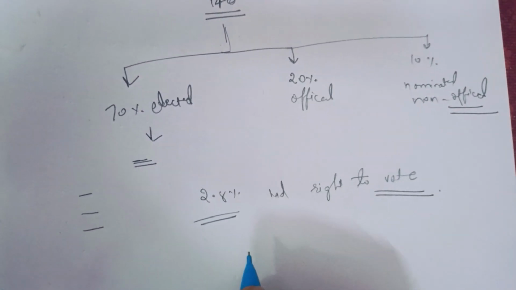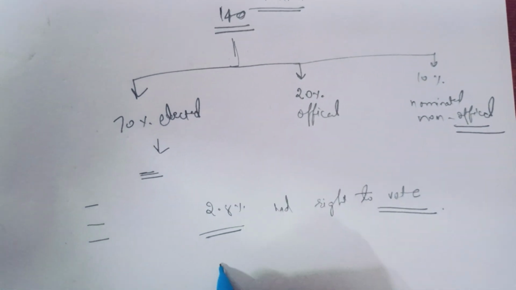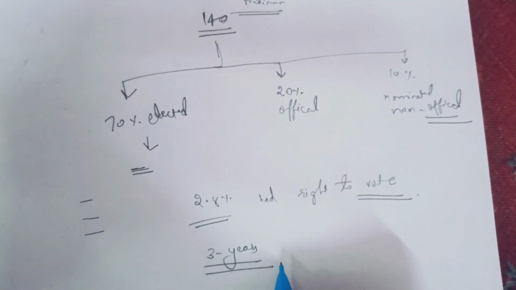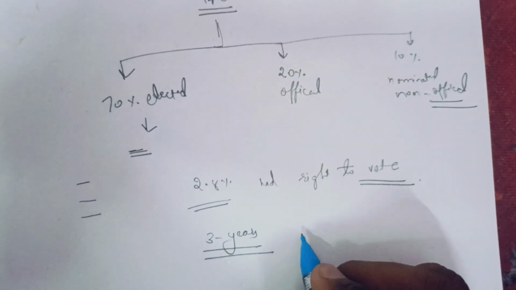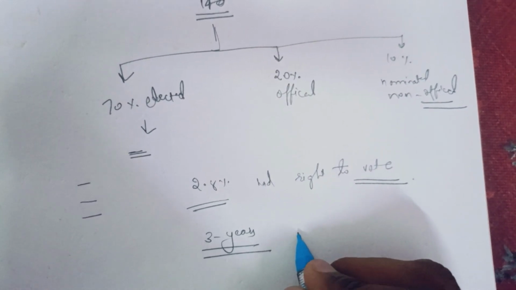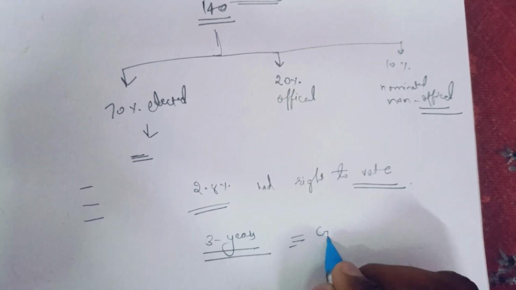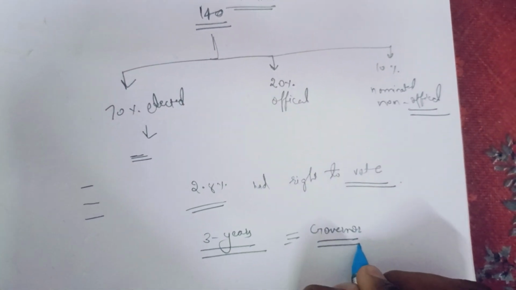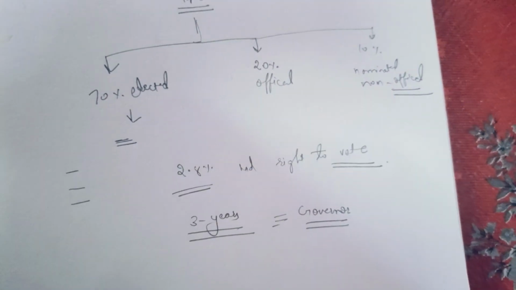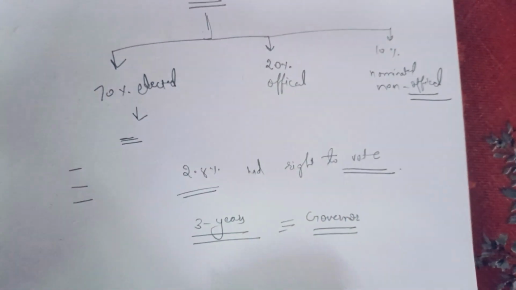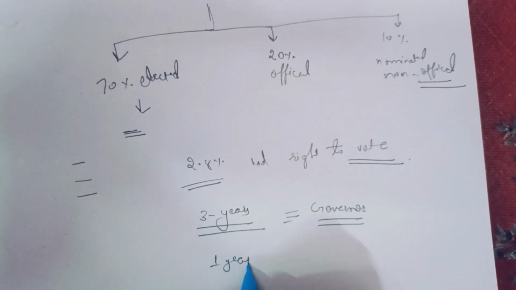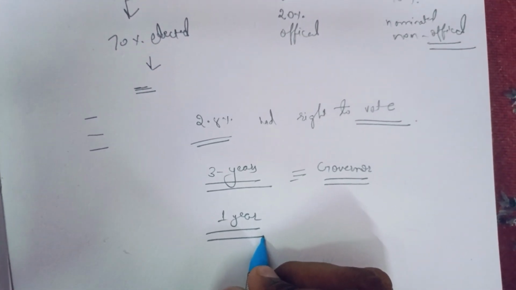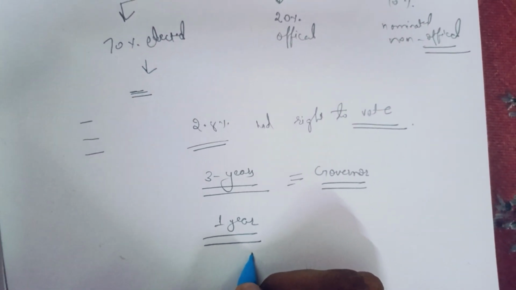The tenure of the provincial legislative council was fixed at 3 years, but the governor had the power to dissolve it earlier if he needed, or to extend it for a minimum duration of 1 year. So again, a lot of power was given in the hands of the governor.